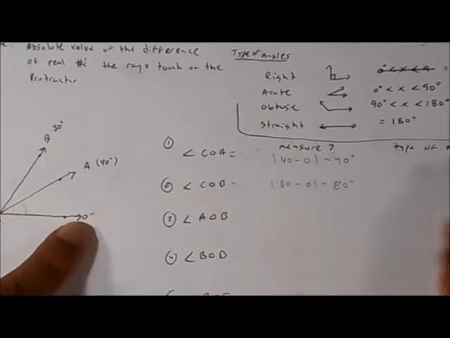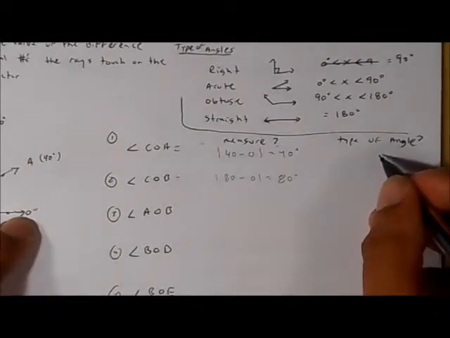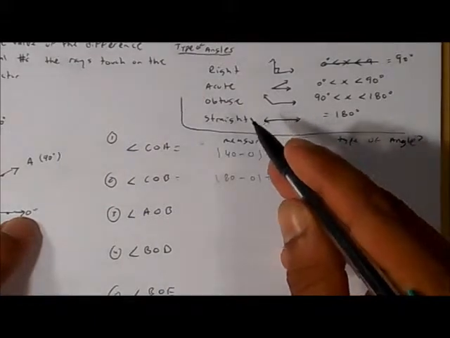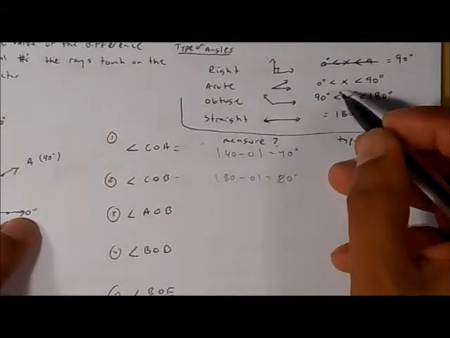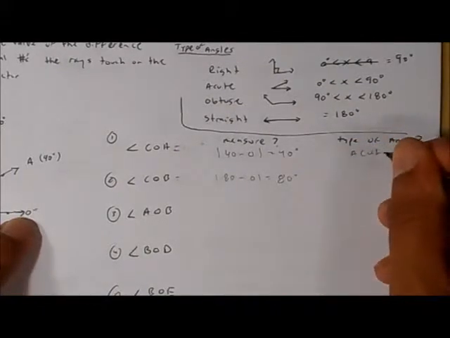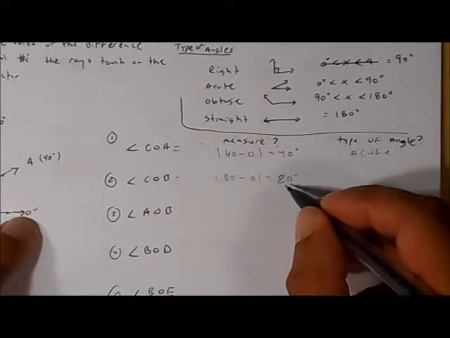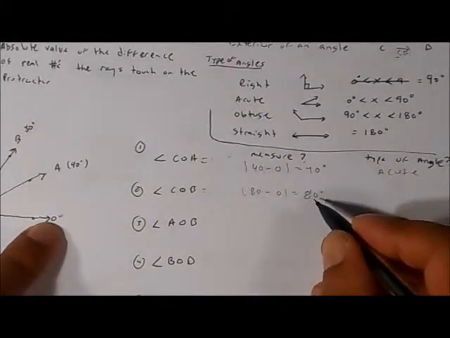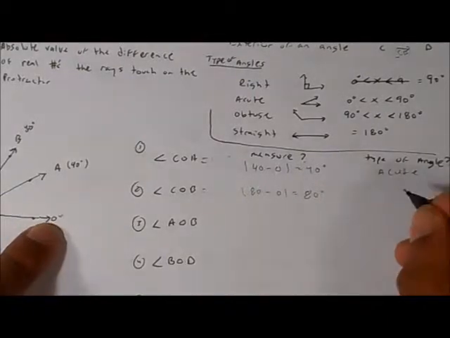Okay, so let's go ahead and name the type of angle this is. 40 degrees, would that be considered right, acute, obtuse, or straight? If you said acute, then yes, it's less than 90 and more than 0. What about for problem 2? More than 0, less than 90, so acute.